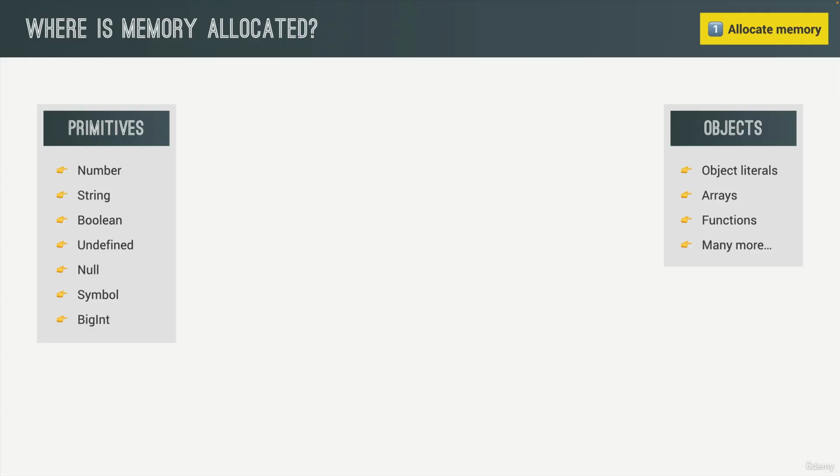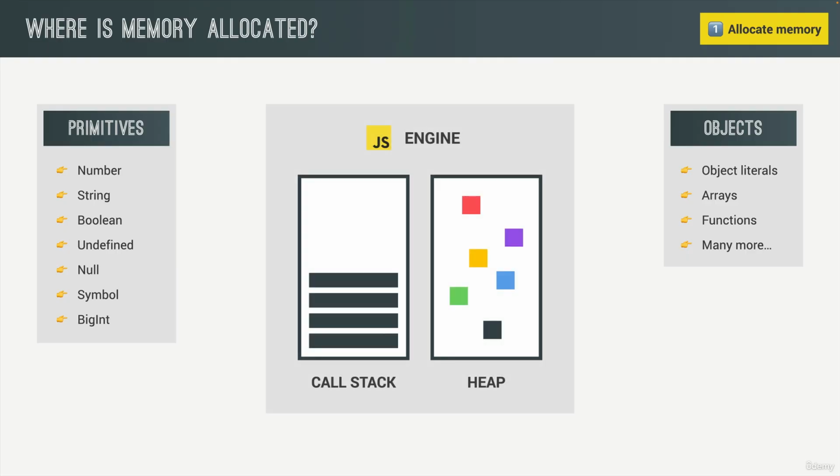Next, we need to remember about the JavaScript engine itself. So the engine has two main components: the call stack, where functions are executed, and the heap, where objects are stored in memory. And from this, we can already start to understand how memory is allocated for different data types. So again, as I just mentioned, all our objects will get stored right in the memory heap.